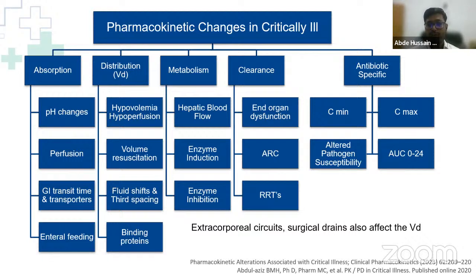Metabolism changes like hepatic blood flow can either increase or decrease. Enzyme induction and inhibition can change because of certain drugs; those are inducers or inhibitors, and they can alter other drugs' metabolism. Then clearance, such as end organ dysfunction, acute renal conditions, and RRTs.